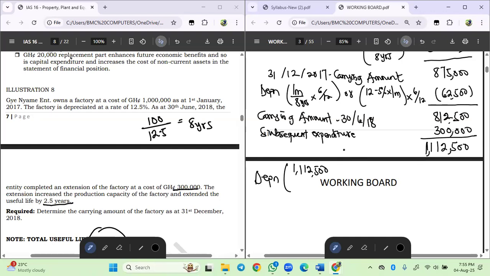Now, the reason why I determined the years is because of this. They said that after the subsequent expenditure, it extended the useful life of the assets by 2.5 years. Let's do simple mathematics here. Initially, the asset's useful life was what? 8 years, because we did 100 over 12.5, you got 8. Now, how many years have you consumed as at 30th June 2018?